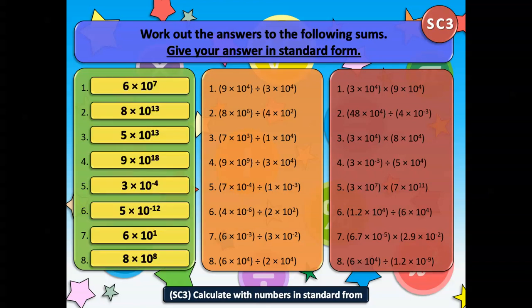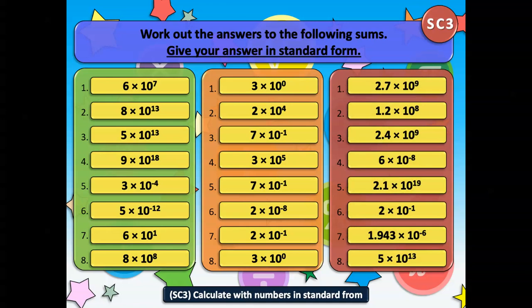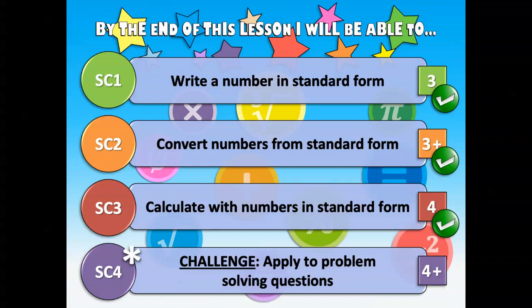So there's your green answers. There's your amber answers. And there's your red answers. And now we've completed success criteria 3. So now we're going to move on to number 4, and this is to apply to problem-solving questions.